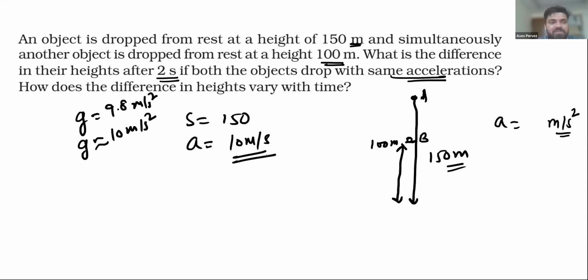If we avoid the air drag or the friction done by the air environment, and the change in velocity is the same, then the difference between their heights will also remain constant. You can say simply that if you have two cars with the same acceleration, they can run with the same speed.